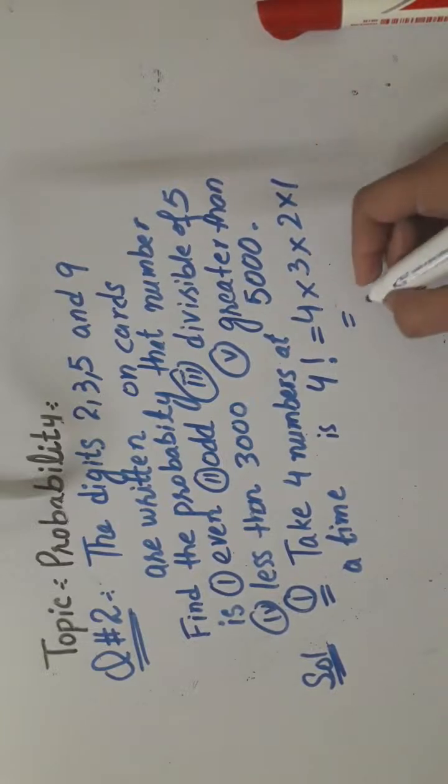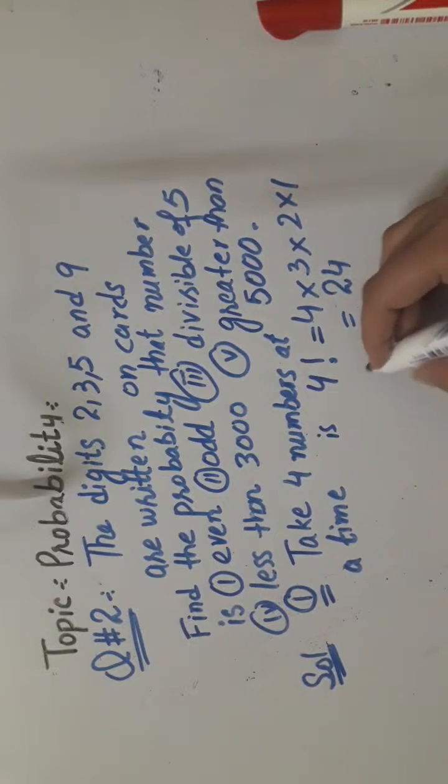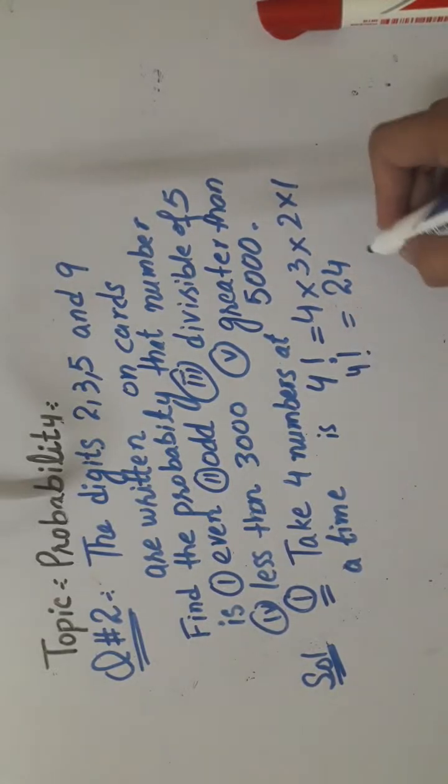By multiplying this, we get the answer 24. So 4 factorial is equal to 24.